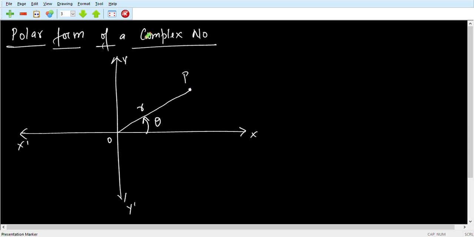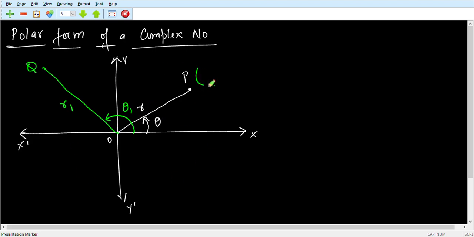If I want to reach somewhere here at Q, then I should walk r1 distance from the origin to this point, and deflect myself from the positive x-axis by angle theta 1. So with the help of theta and r, we can reach any point in this plane.